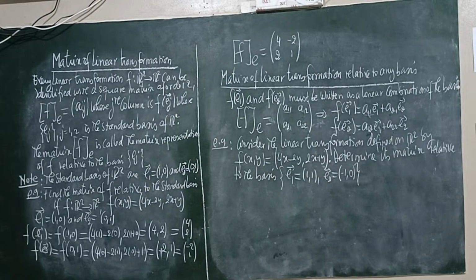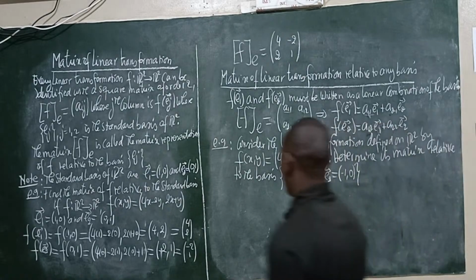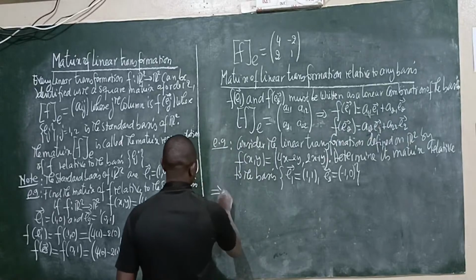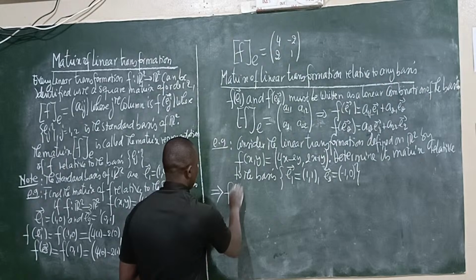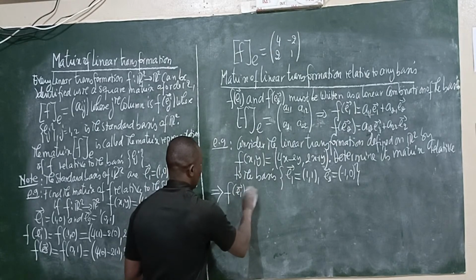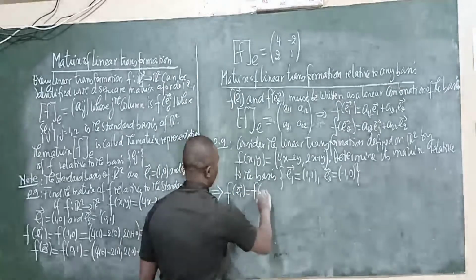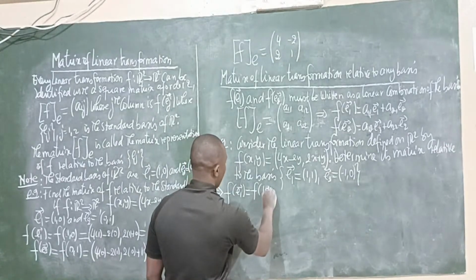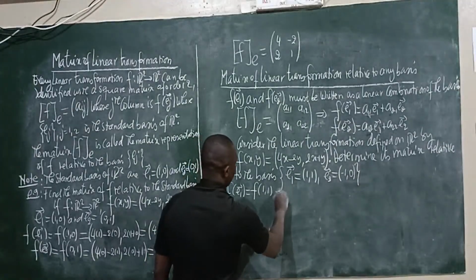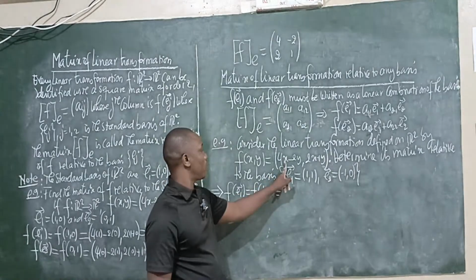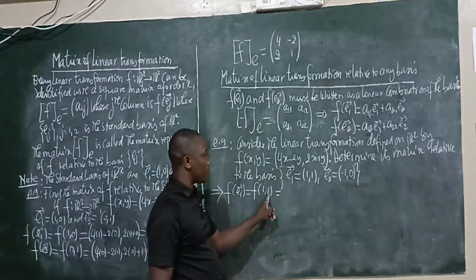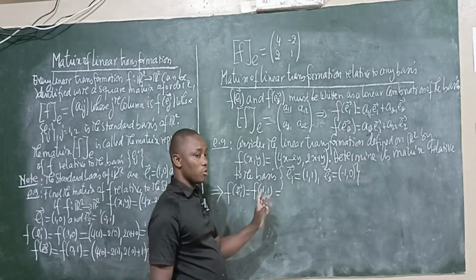Now, as we said, we need to find f of E1. This is going to be f of our E1, which is (1, 1). This means x will be replaced by 1 and y will be replaced by 1, as you see here.